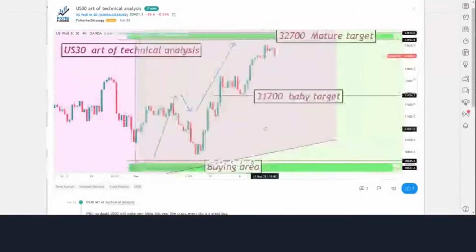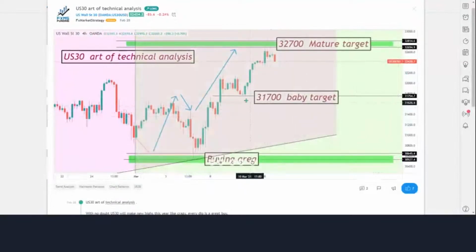Two targets were given. The baby target, where the majority of the people were going to get off the trade, at 31,700. Okay. And I called it the baby target because it was not a mature trade yet. That was like an A, B, C, D formation. That was the big A. If you want to call it 5-wave, I don't think it's a good idea, but there's only 3.